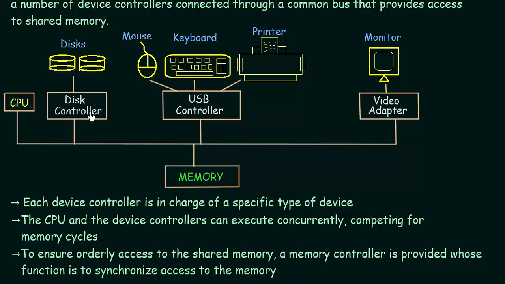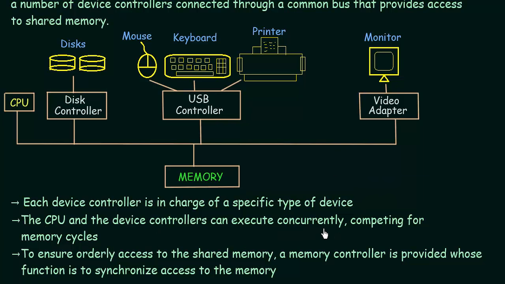Now we see that all these devices, in order to work, need to be loaded into the main memory for any execution that has to be performed. And the disk controllers or adapters are taking care of this. And we see here that all these device controllers along with the CPU can execute concurrently.